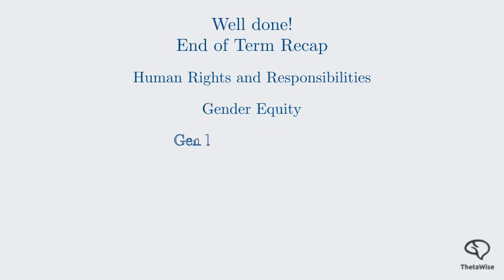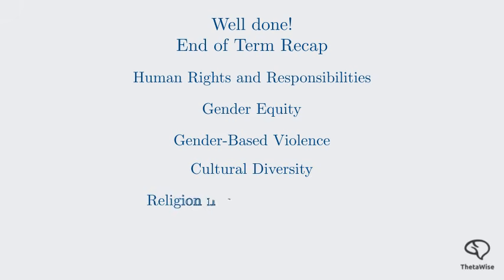Next, we tackled the difficult but vital topic of gender-based violence, identifying its forms and its devastating emotional and social impacts. We then celebrated South Africa's rich cultural diversity, defining culture and recognizing the beauty of our unity and difference. Finally, we recognized the incredible contributions of religious organizations to social development, from charity to healthcare.